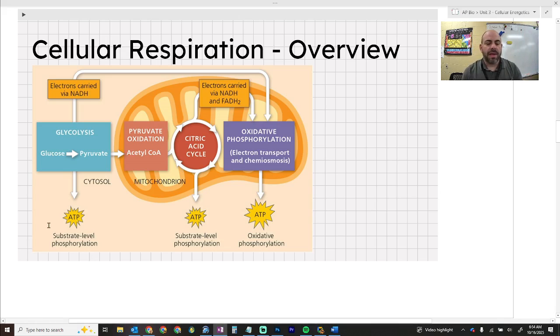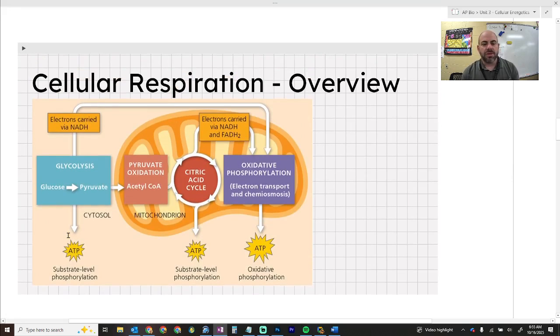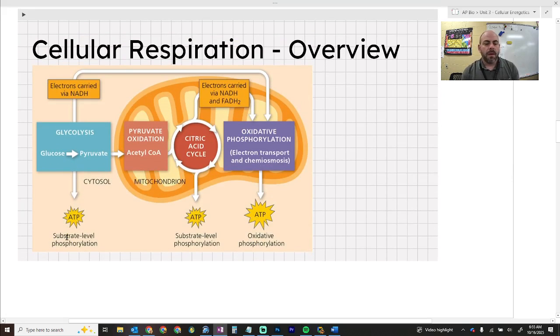As a result of that, a little bit of ATP is made. Sometimes you'll see substrate level phosphorylation associated with it. Anytime you see the word substrate, that's going to make you think enzyme, and there are a lot of enzymes involved in the process of glycolysis. We have a special slide for glycolysis, so we'll get more into that.